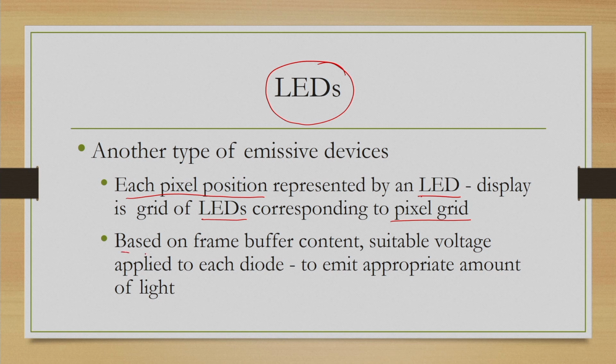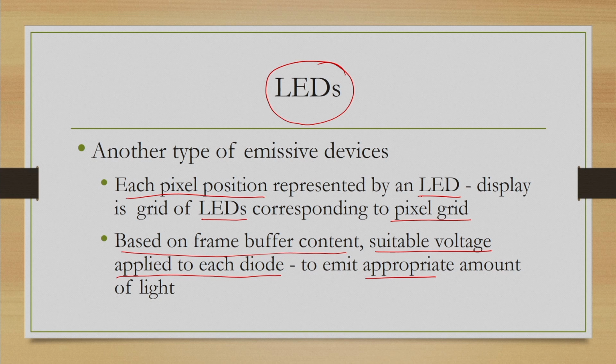Now, based on the frame buffer content, suitable voltage is applied to each diode in the grid to emit appropriate amount of light. Again, similar to CRT, where we use the frame buffer content to produce suitable amount of electron beam, to produce suitable amount of intensity from the phosphors.